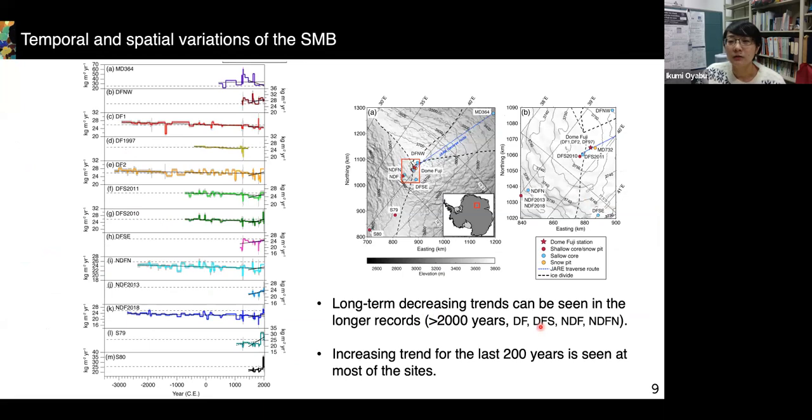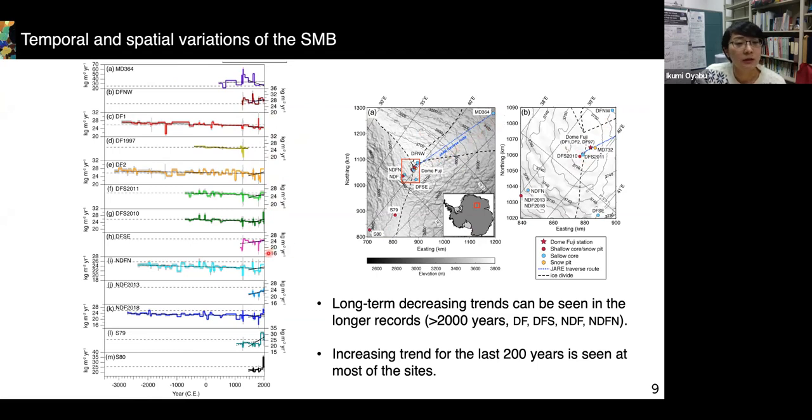Here is the result of the accumulation reconstructions from 13 drilling sites. MD364 is on the way to Dome Fuji station and located north of Dome Fuji. DFNW is located northwest of Dome Fuji. DF1, DF1997, and DF2 are from Dome Fuji station, and DFS is located about 10 kilometers south of Dome Fuji.